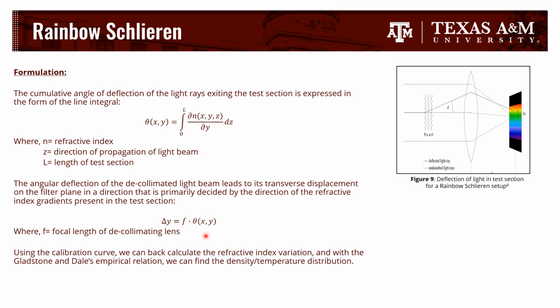And now with the angle of deflection, we can back calculate the change in refractive index that occurs in the test section that is caused by the object of interest. With this information, now we can calculate the change in density or temperature or other phenomena that we're interested in using the Gladstone-Dale correlation that is mentioned in slide 3.